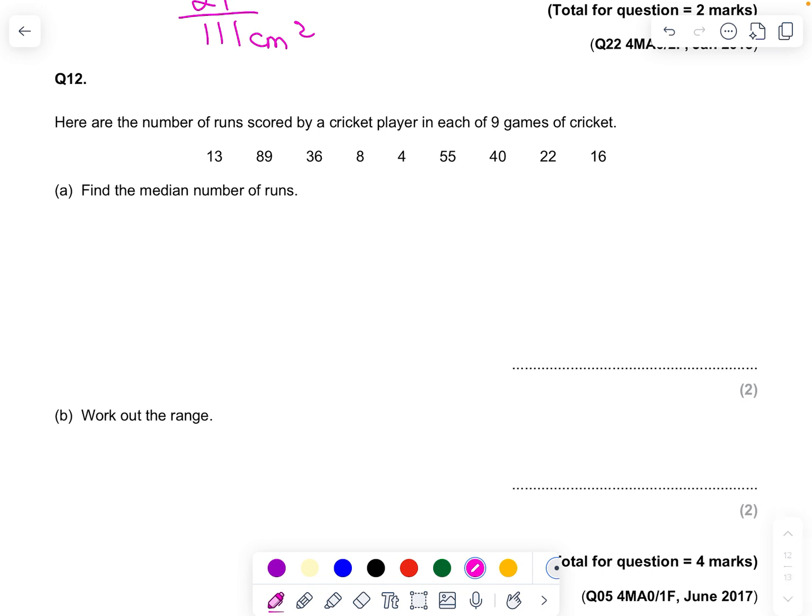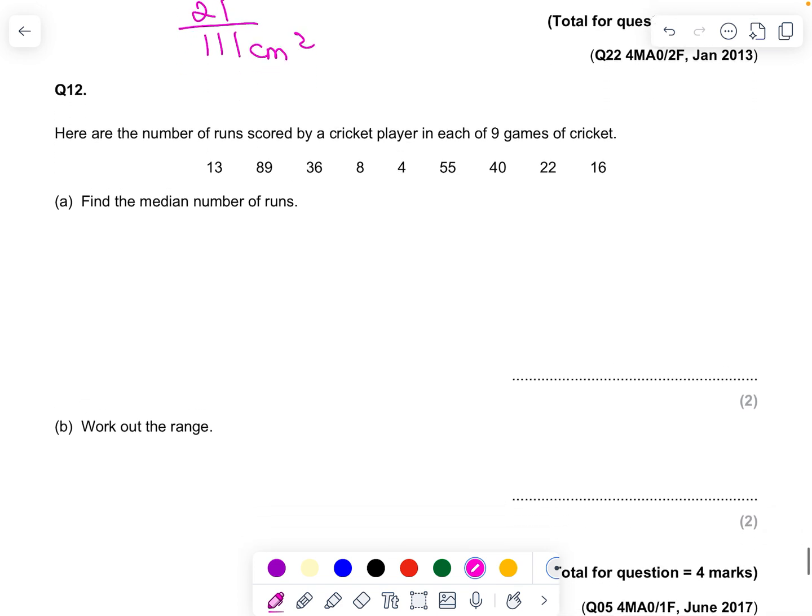Okay, next one. I have to find the median number of runs. So I have to put them in order first. So let's put them in order.